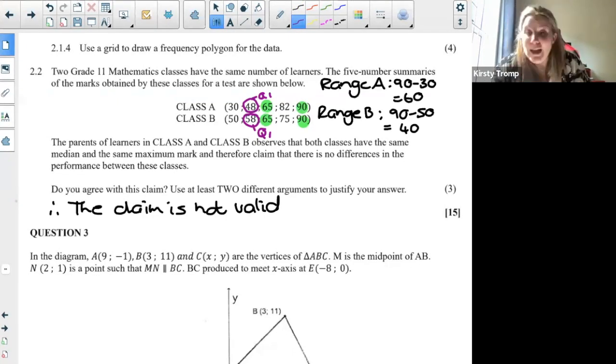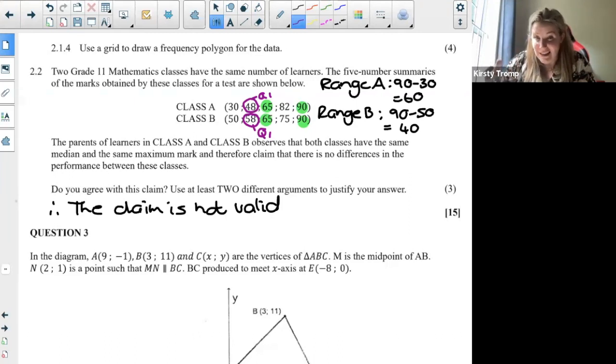So even if we're looking at just 25% of the class, so we've looked at the range first of all, even if we're looking at 25% of the class, what can we see about class A and class B? We can see that at least 25% of class B received higher marks than class A. So already looking at even 25% of class B, we can see that they've done better than class A in the test.